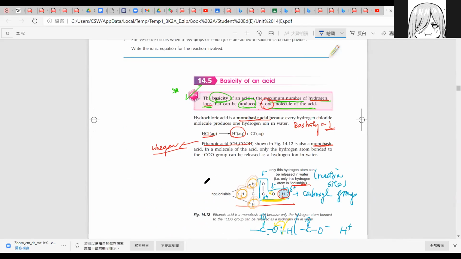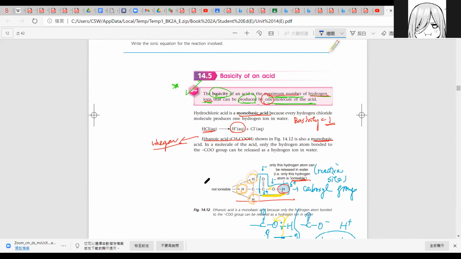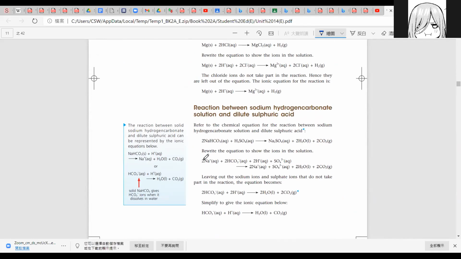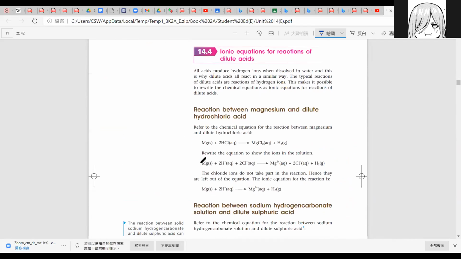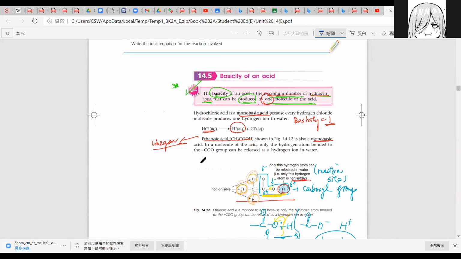Point number two, with water, what will happen? It will ionize to produce hydrogen ions. Hydrogen ions are the chemical species found in common in acids, which exhibit the acidic property. Without water, no such ionization will occur.